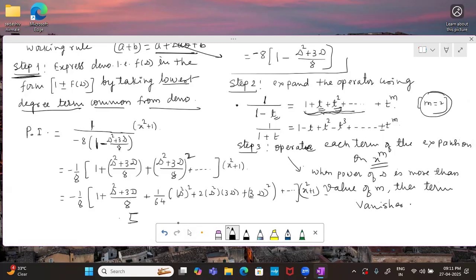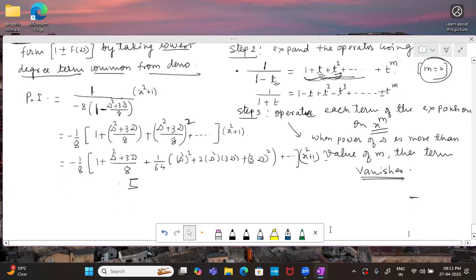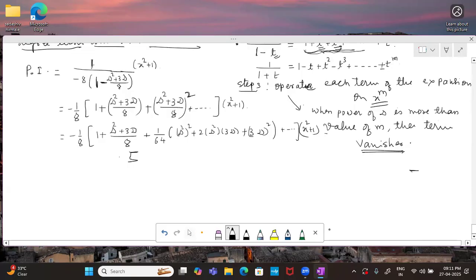So after that, keep that 1 upon 8 as it is. So minus 1 by 8 as it is. 1 by 8 into d square plus 3 by 8 into d plus 1 by 64 into d raised to 4.